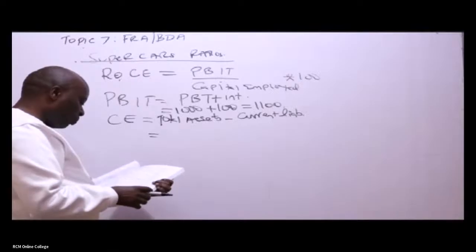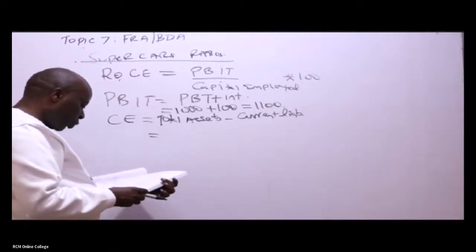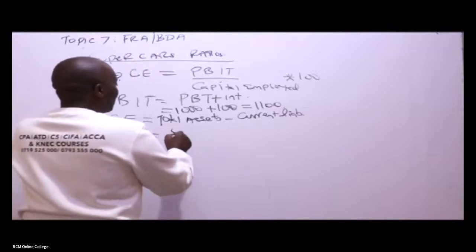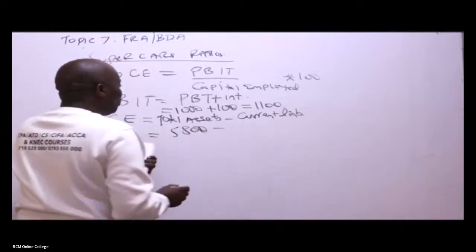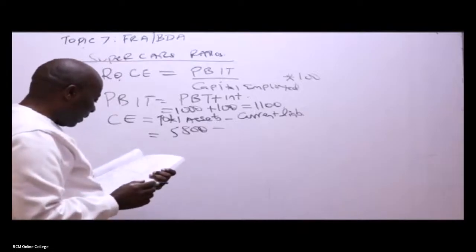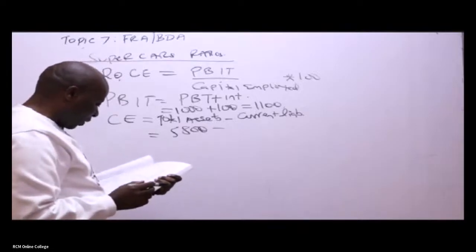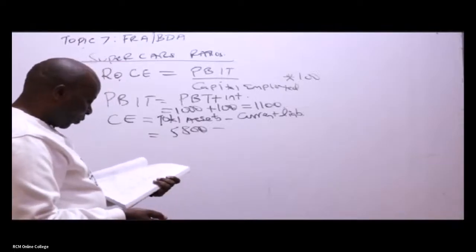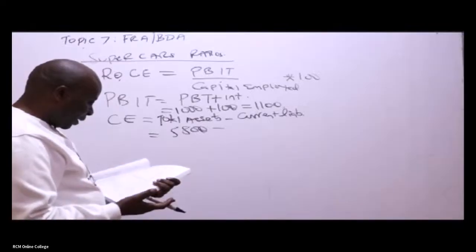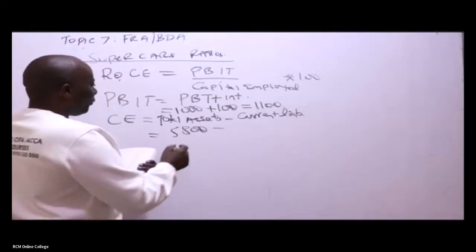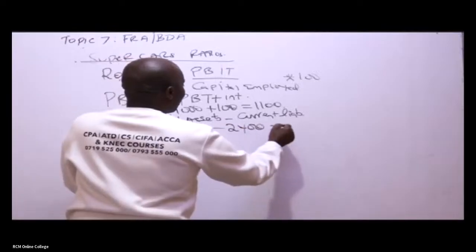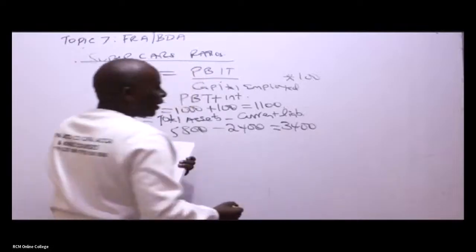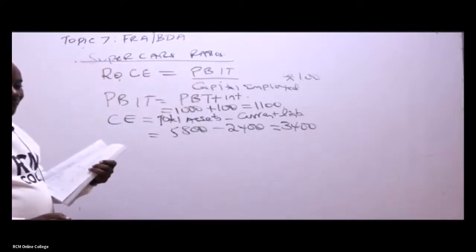For Supercars, the total assets are 5,800. How about the liability section? Current liabilities are about 2,400, because we have trade payables, current tax, bank overdraft. So when you subtract, what they're giving me is 3,400.